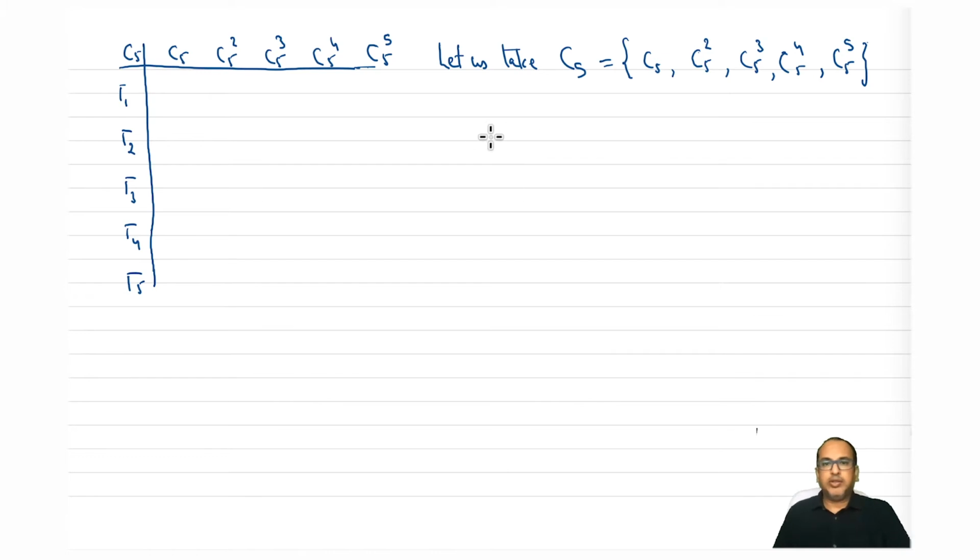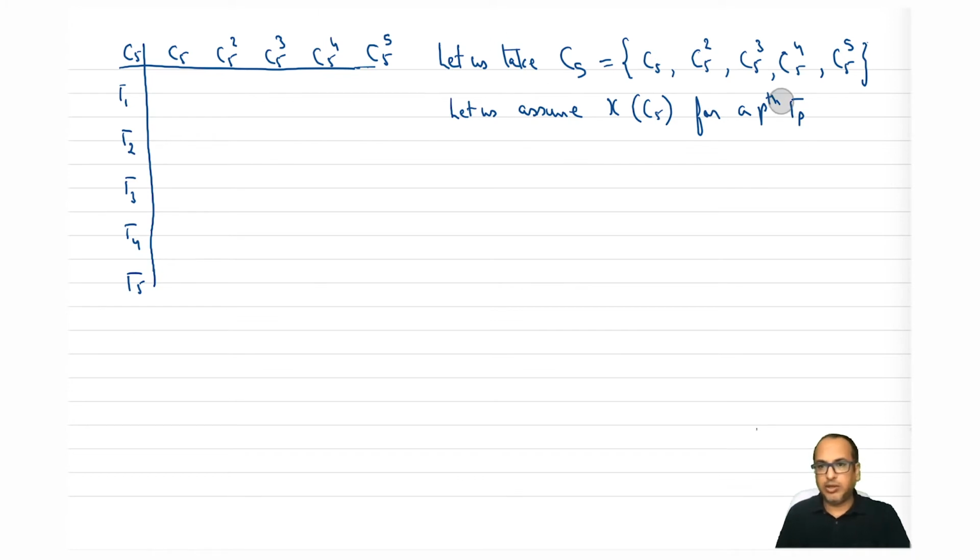Okay. So now also let's assume the character under C5 for a pth representation. I can call it tau p, the pth representation.